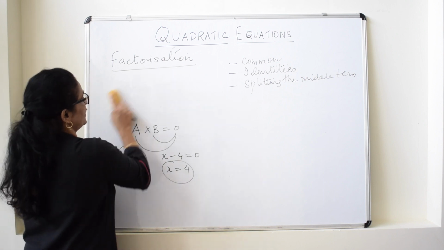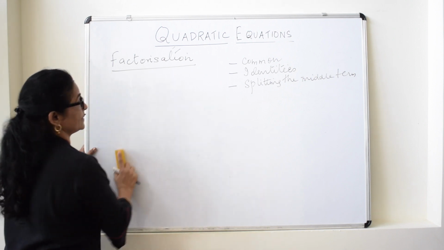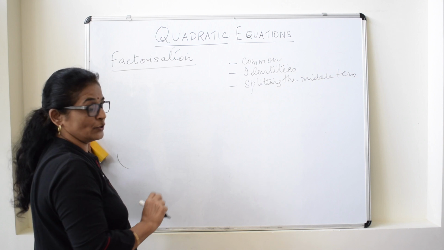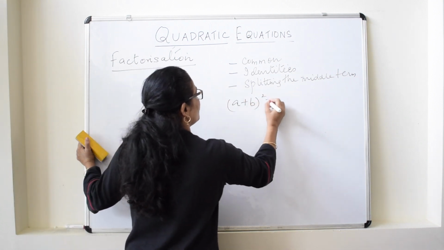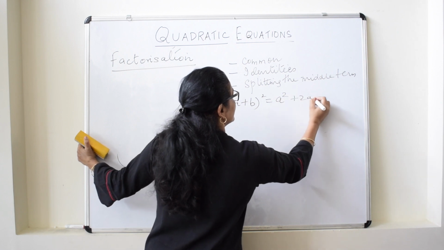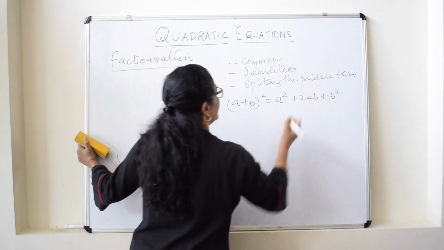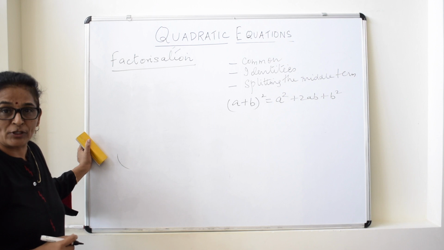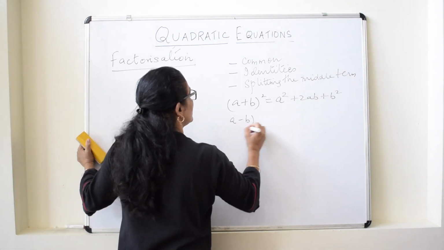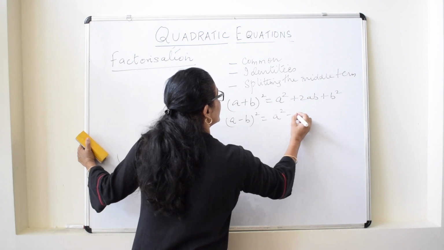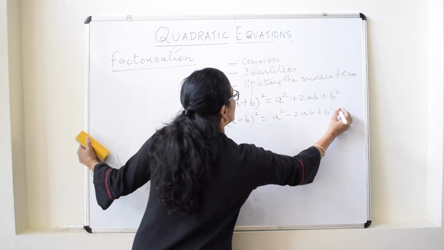Now the next example, based on identities. Which identities are we going to use? We have done four identities earlier. First is a plus b the whole square, its expansion is a square plus twice ab plus b square. Second is a minus b the whole square, that is a square minus twice ab plus b square.